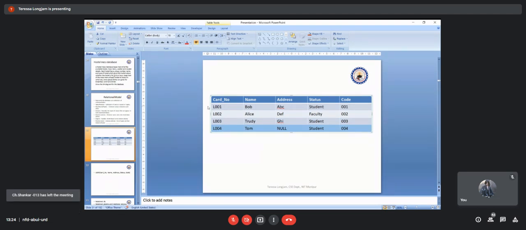Each tuple is representing a particular user of the library. It will have a value for the card number, a name for that particular individual user, a value for the address, a value for the status, and a value for the code also.